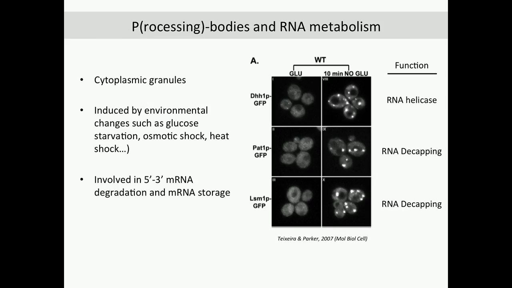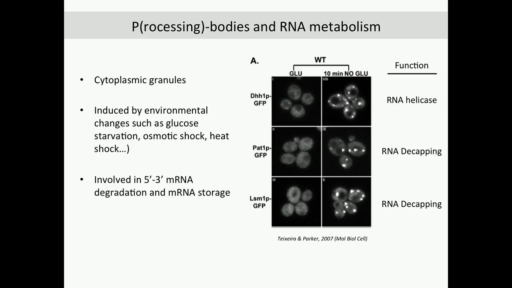So P-bodies are membrane-free granules that form in the cytoplasm of eukaryotic cells, and this formation occurs after different kinds of stresses, such as glucose starvation or osmotic shock.